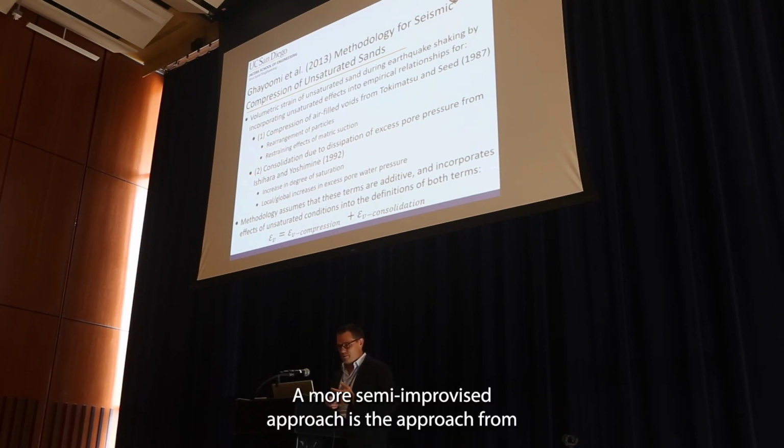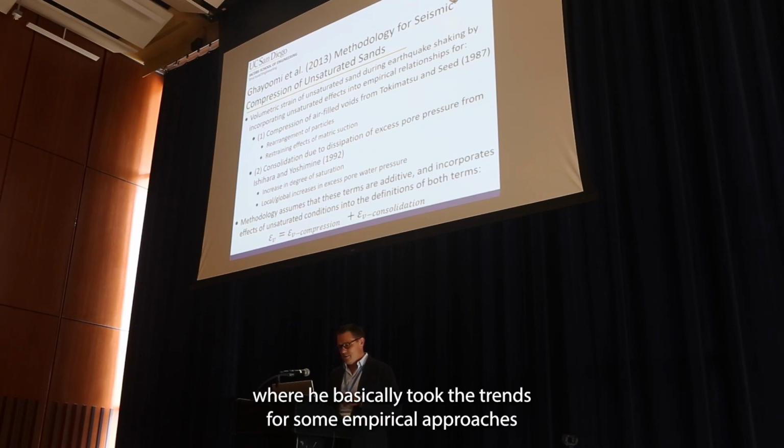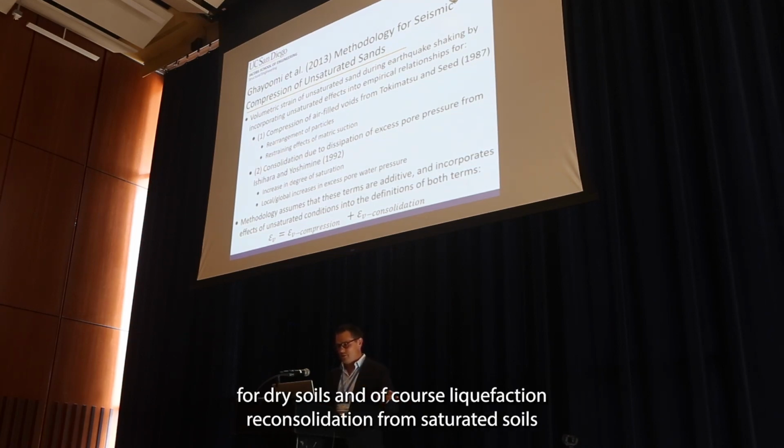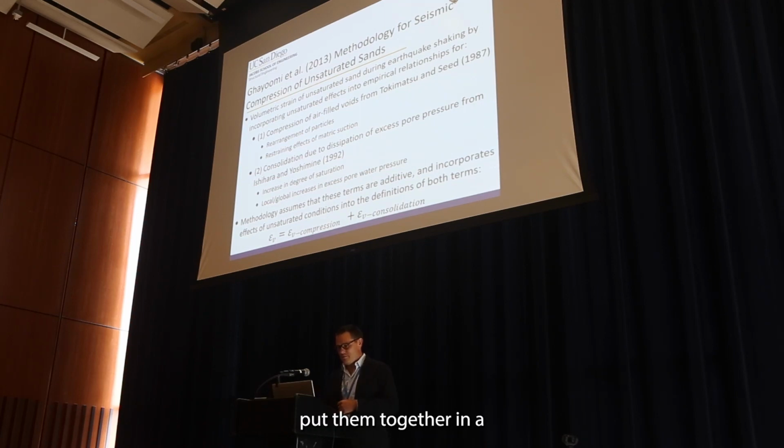A step up, a more semi-empirical approach, is the approach from Majid Gayoumi, where he basically took the trends from some empirical approaches for dry soils and post-liquefaction reconsolidation from saturated soils, and put them together in a sum form to predict seismic compression.